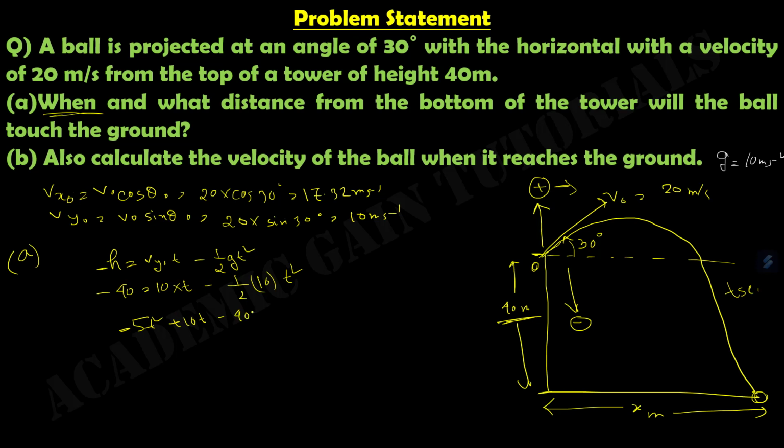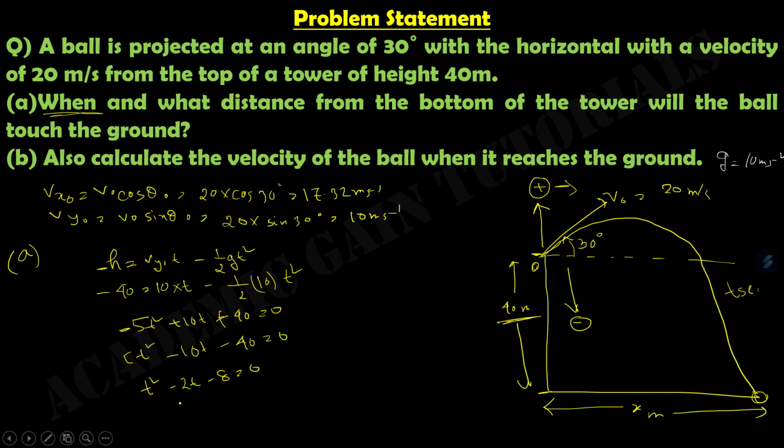minus 40 equals to 0, or you can write this as 5t square minus 10t minus 40 equals to 0, or t square minus 2t minus 8 equals to 0.